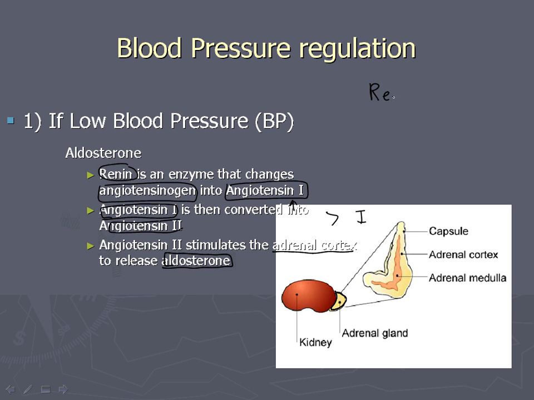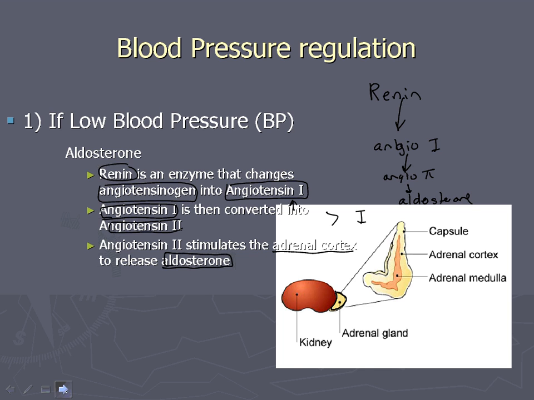So renin, which is secreted by the juxtaglomerular apparatus, causes angiotensinogen to be changed into angiotensin, I'll just put angio 1, which needs to be changed into angio 2. Why and how it happens, you don't need to know. It gets into a lot of biochemistry. And then finally, this angiotensin 2 stimulates the adrenal cortex to produce aldosterone.